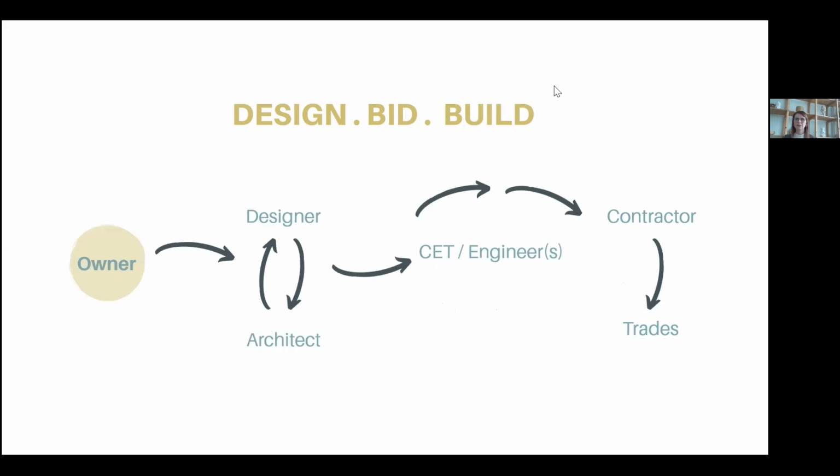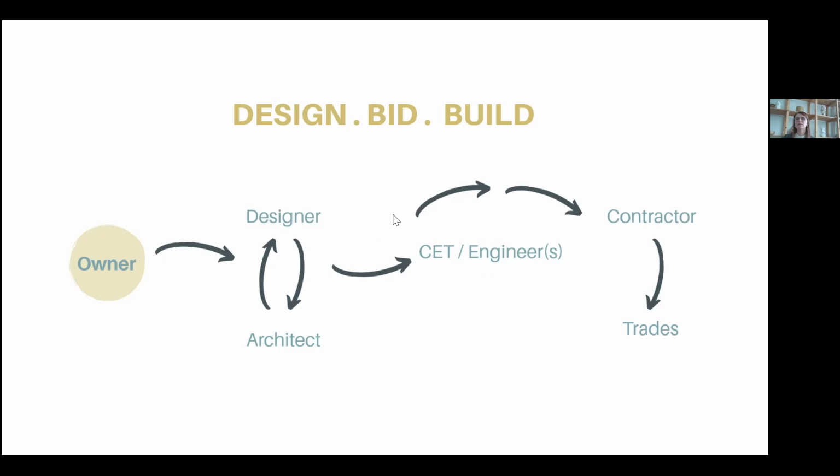Design, bid, build. That's our siloed approach. We have the owner speaks to either the designer or the architect. Again, we don't know who's leading the project. There may be one or the other or both. So it's okay for an owner to start with either. Then again, that designer architect would likely bring on the engineers and the CET.